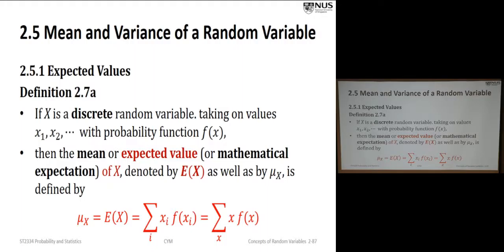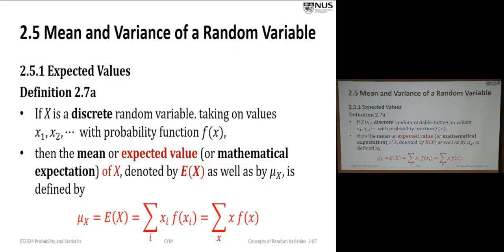Now we move to another way to understand the behavior of the random variable or the distribution. We try to summarize a given distribution. So we want to use one number to summarize the distribution. That is called the expectation or expected value of the random variable, sort of the mean.